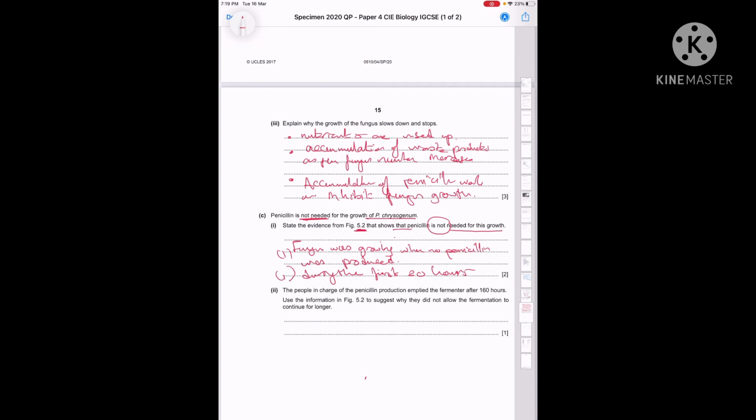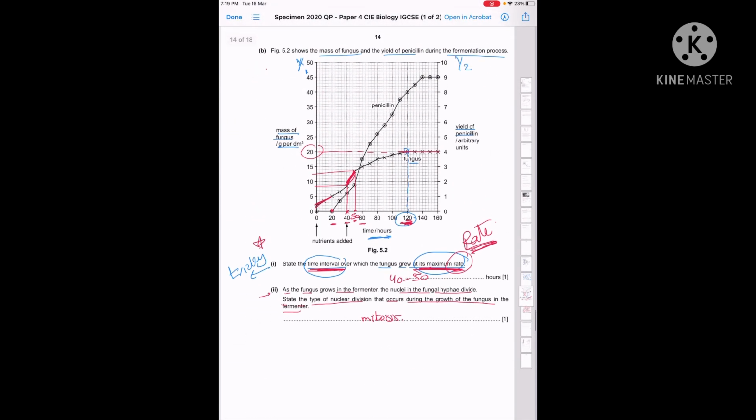Now the people in charge of penicillin production emptied the fermenter after 160 hours. Use the information in figure 5.2 to suggest why they did not allow fermentation to continue for longer than 160 hours. Let's check. Now look at the amount of the penicillin starting from 140 to 160. It kind of levels off and starts to become constant.